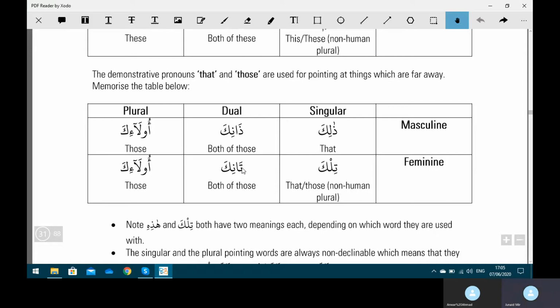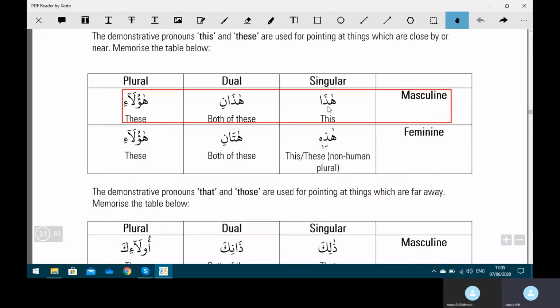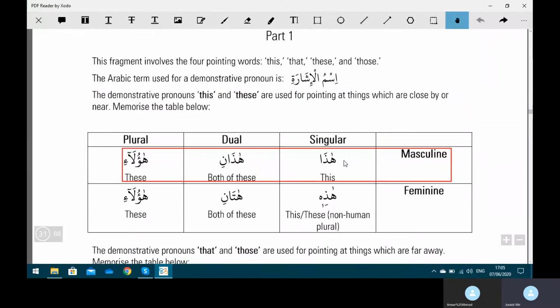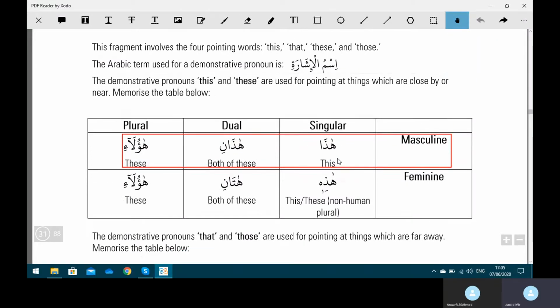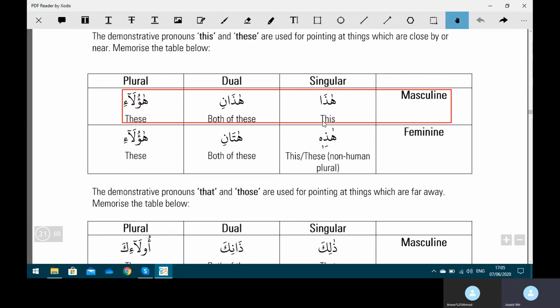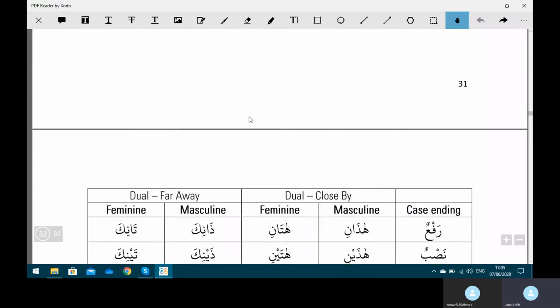The rest, the singular and the plural, remain the same in all cases. They don't change, so they are non-flexible, as we talked about. But as I said, we're going to change the terminology from flexible to declinable. So the singular and the plural are non-declinable, whereas the dual is fully declinable, or fully flexible, as you previously knew it.